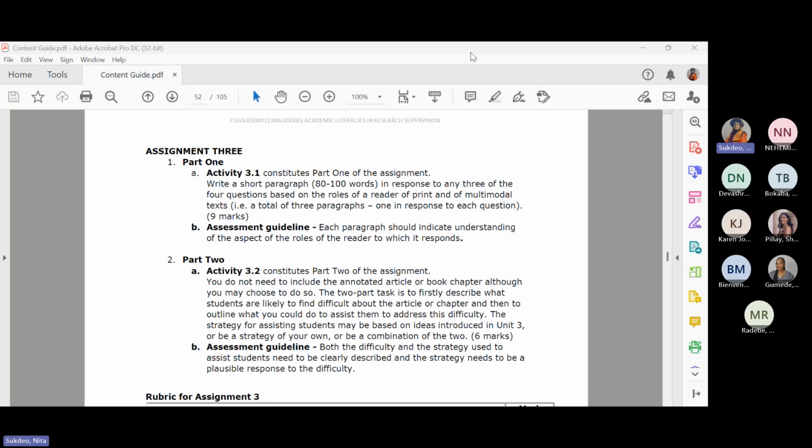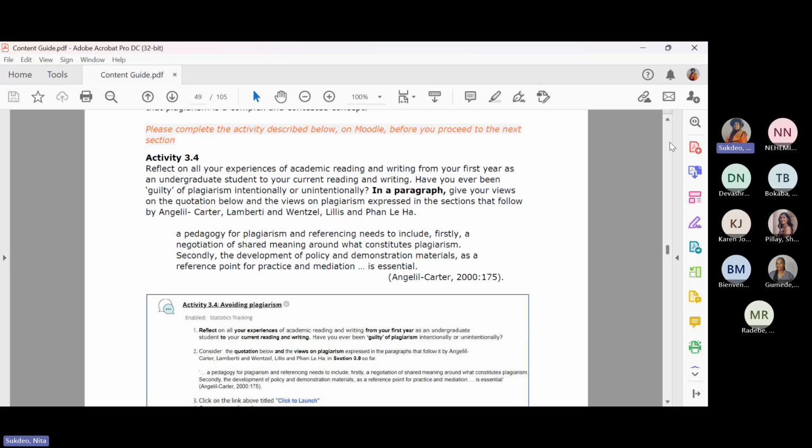So assignment three is in two parts, where you are dissecting activity 3.1 and activity 3.2. So let's look at activity 3.1 and activity 3.2. Activity 3.1 is on page 39 if you are following in your content guide. If not, then follow on the screen.